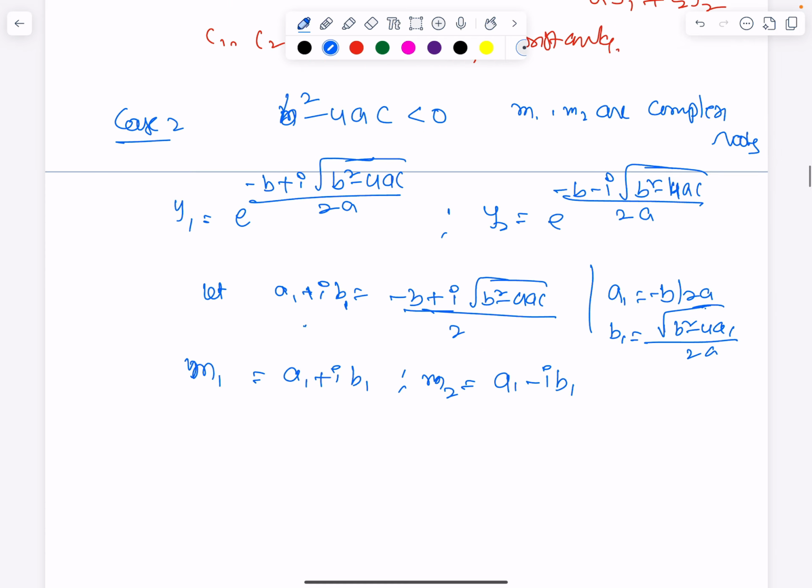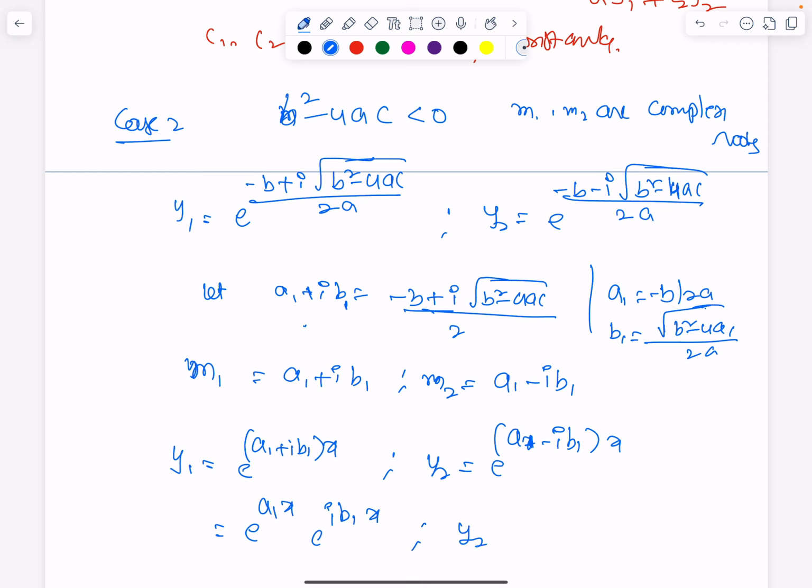Now I am writing the solution. y1 is equal to e power a1 plus i b1 into x, y2 is equal to e power a1 minus i b1 into x. You look at this, y1 is e power a1x, e power i b1x, and y2 is e power a1x, e power minus i b1x.